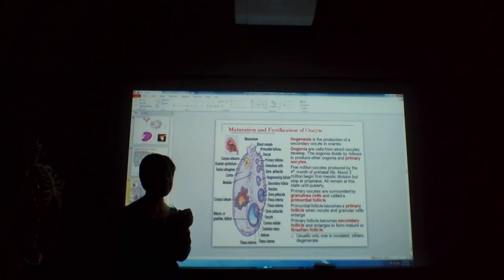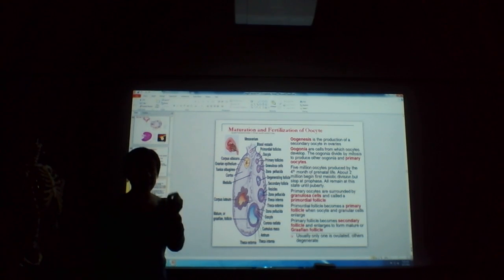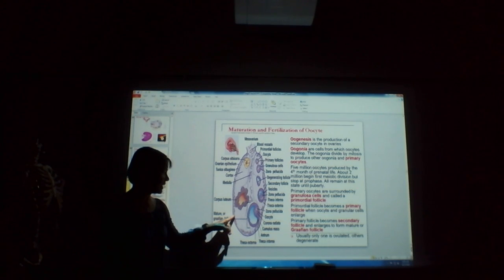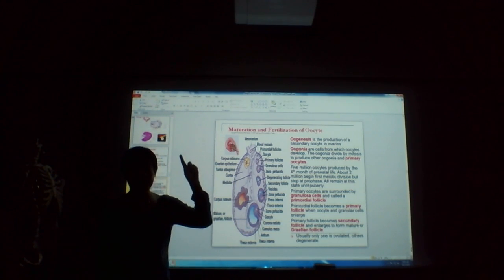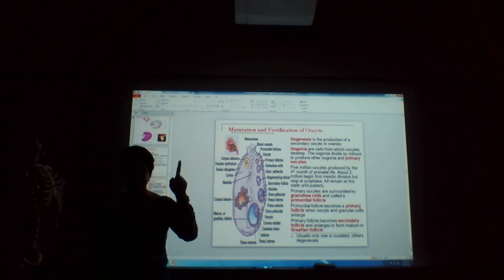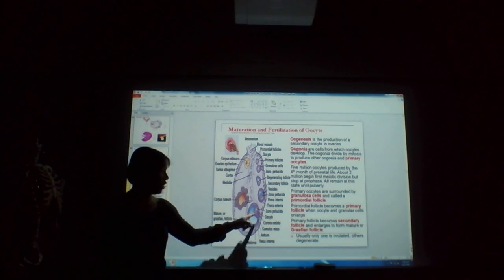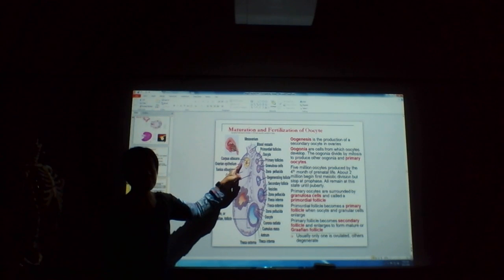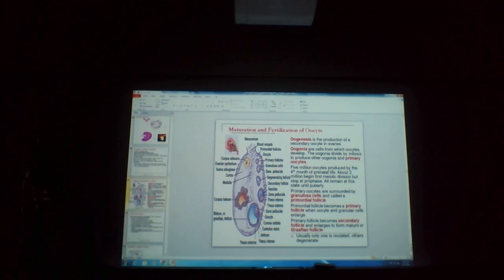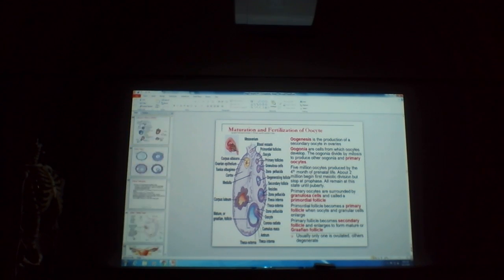You understand? So, the one very important difference between male gametes and female gametes, this one, all of our egg cells, when we're born, all of them are arrested at prophase 1 of meiosis 1. All of them have begun meiosis the moment we are born. So I'm going to look at this part right here.